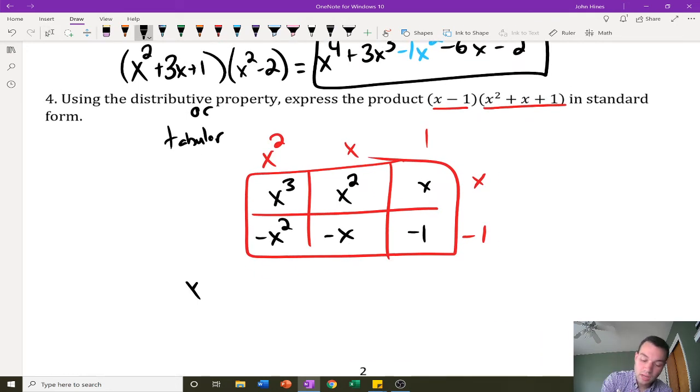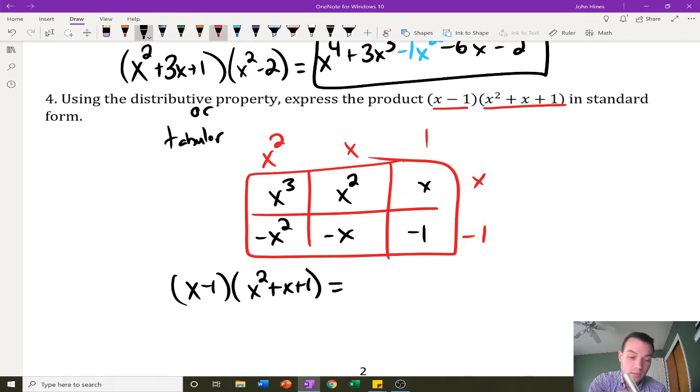So the product, x minus 1 times x squared plus x plus 1, what does this product come out to be? Well, I have x to the third. Well, I have 1x squared and negative 1x squared, which add to 0. Cancel out is not a mathematical operation. 1 minus 1 makes 0.